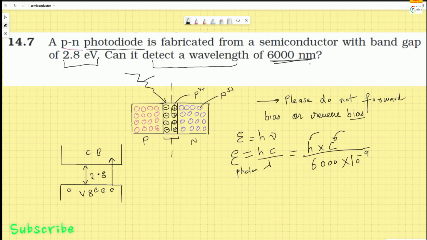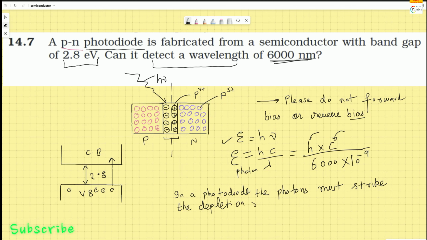So in a photodiode, the photons which are coming, okay, these photons with energy h nu, which we just calculated, in a photodiode the photons must strike the depletion region. Okay, so they strike the depletion region.